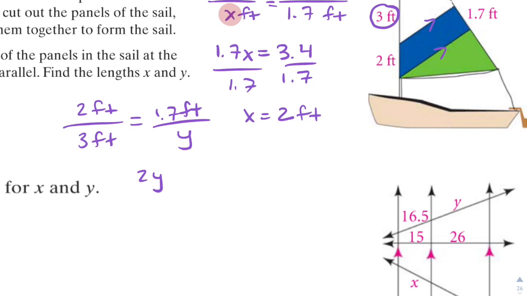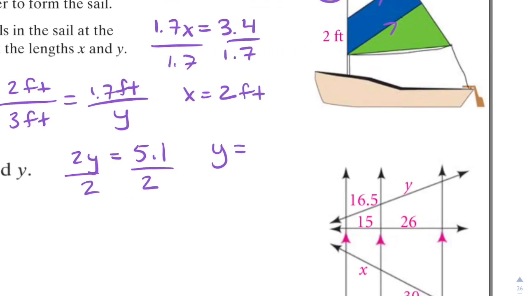We're going to get 2y equals 1.7 times 3, which is actually 5.1, divided by 2. Y equals 2.55 feet.